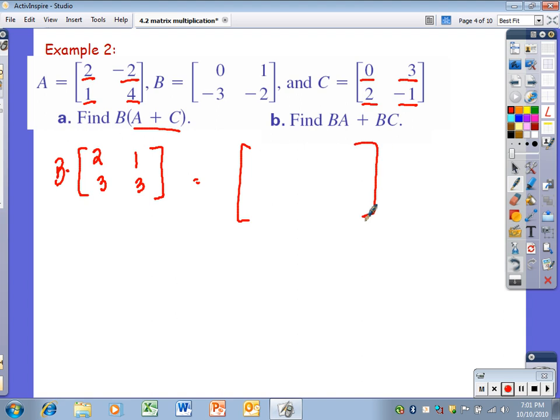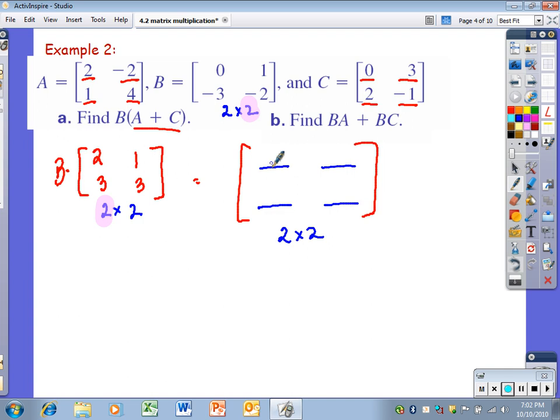Let's check our dimensions. Matrix B is a 2 by 2. This resulting matrix is also a 2 by 2. So if I pull out these inside dimensions, what remains is still a 2 by 2. So that would be 1, 2, 3, 4.